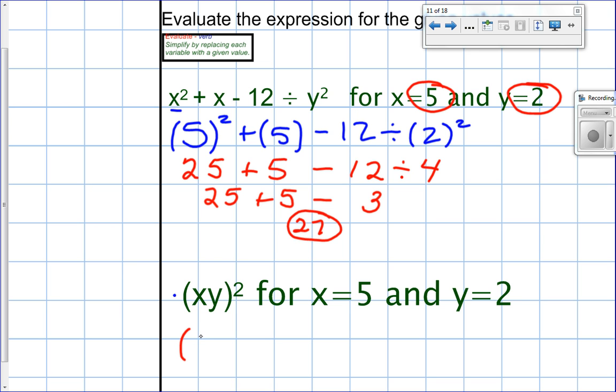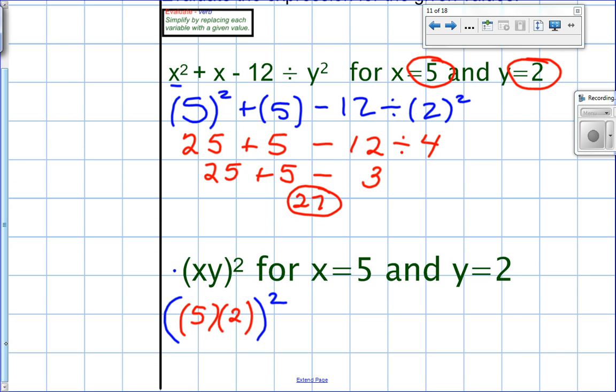In place of x, I put 5. In place of y, I put 2. And all of that is being raised to the second power. So I'm going to do the work inside the parentheses. That's the P in PEMDAS. 5 times 2 is 10.